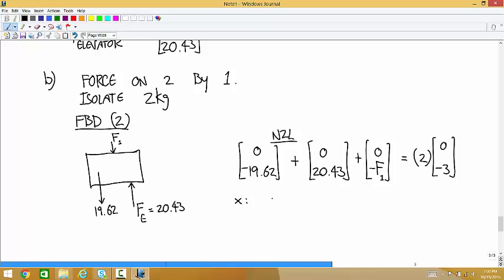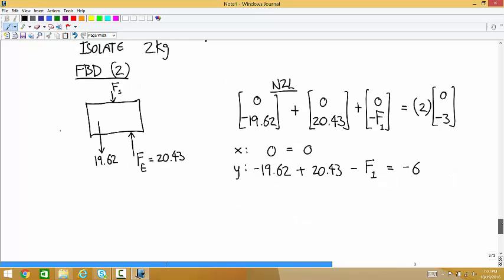So we get an x equation that's useless, but a y equation that says negative 19.62 plus 20.43 minus F1 is equal to negative 6.